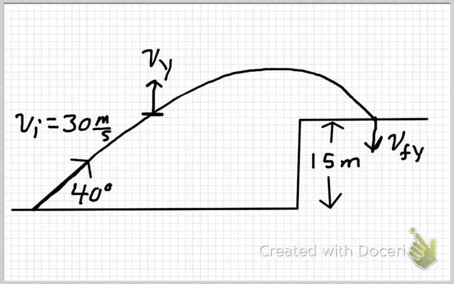So in this case, when we do this problem, our y is going to be a positive 15 meters. Whereas before, when you landed below where you were launched, your y ended up being a negative. So we're going to do this the same way we did before.